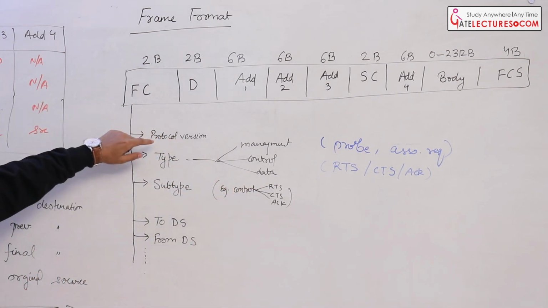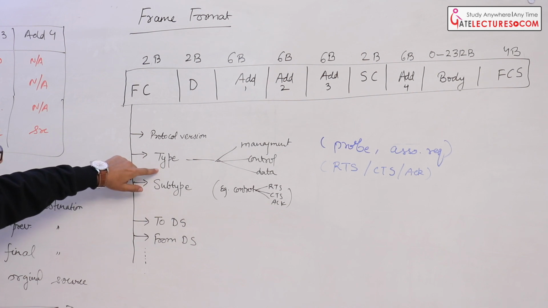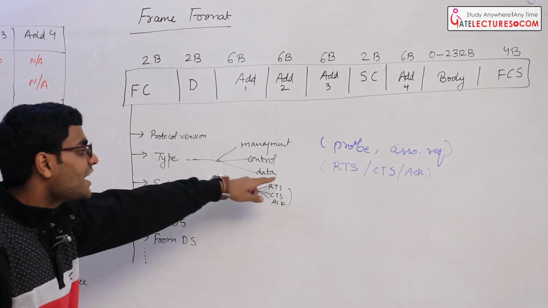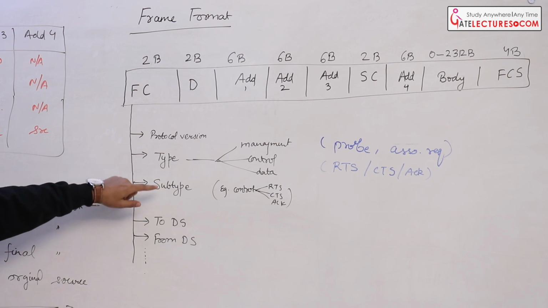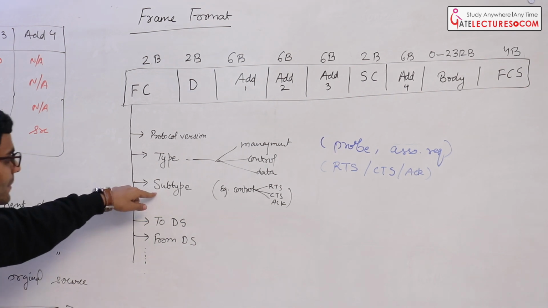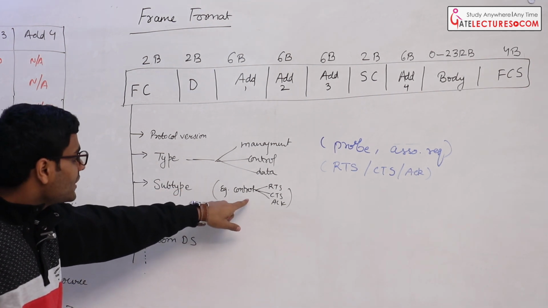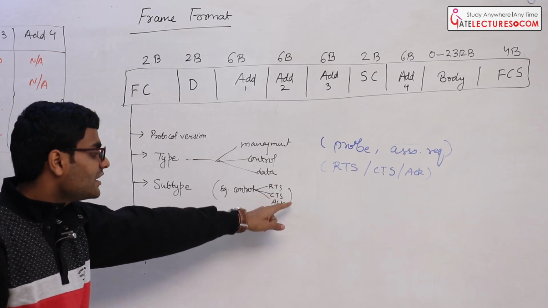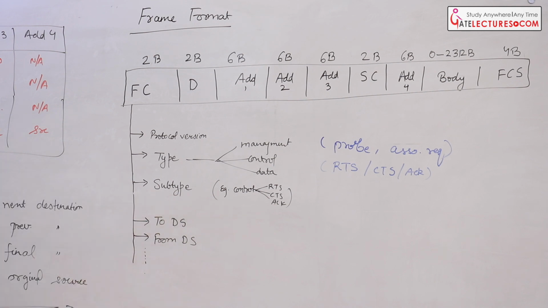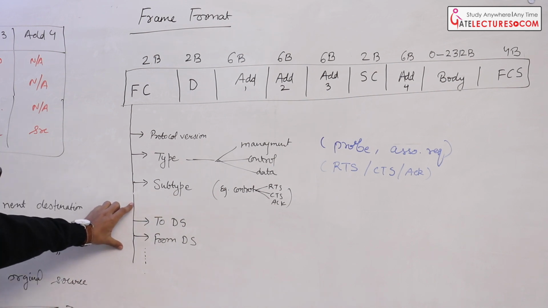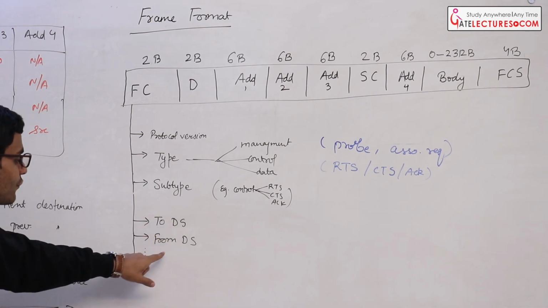So in frame control we have the protocol version, then we have to specify which type of frame this is. Then within a particular type we also have various subtypes. For example, if the type is control frame, it could be an RTS frame, CTS frame or acknowledgement, so we have to specify its subtype. Then we have these two particular bits, to DS and from DS.